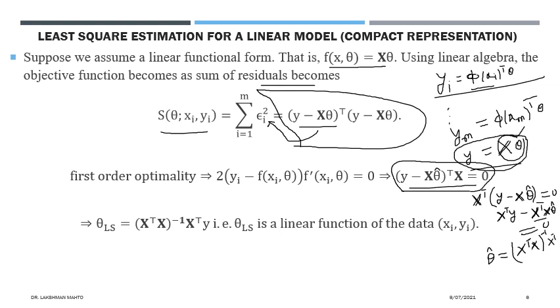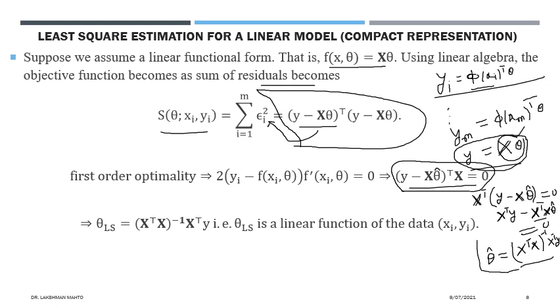Otherwise, if it is not invertible, there is no issue. You can find a pseudo inverse with SVD. I had already discussed the pseudo inverse, so with the help of SVD you can define the pseudo inverse as well if this data matrix is not invertible. Anyhow, you are getting an approximate solution, this theta cap.